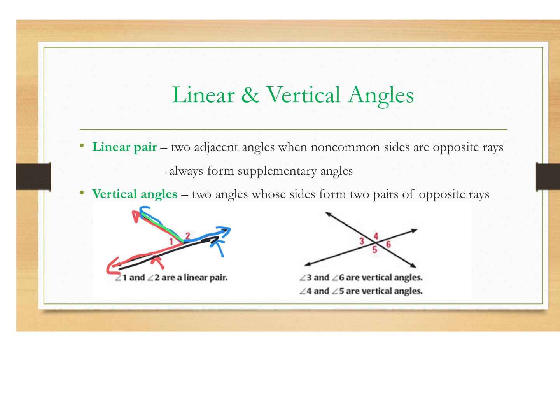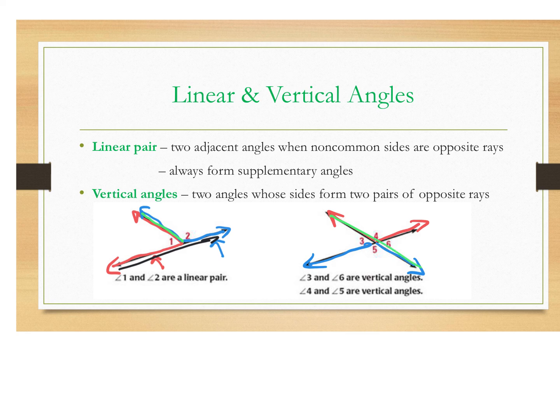So this is a picture of a linear pair, and they're always supplementary. For the vertical angles, you're going to have two lines that intersect, then what's going to happen is the two angles, their sides are going to form two pairs of opposite rays. So for example here, angle 4, if I outline it, and then the other angle this way, notice I formed two pairs of opposite rays.